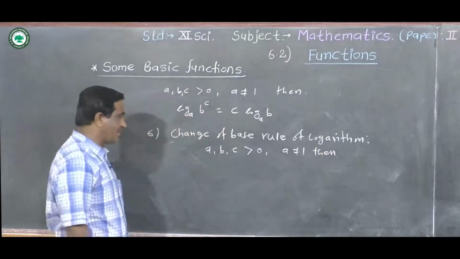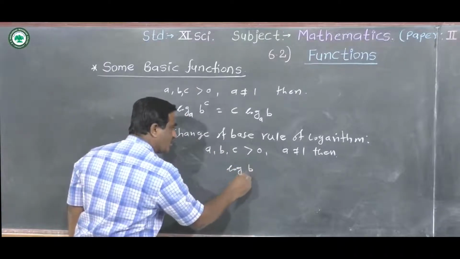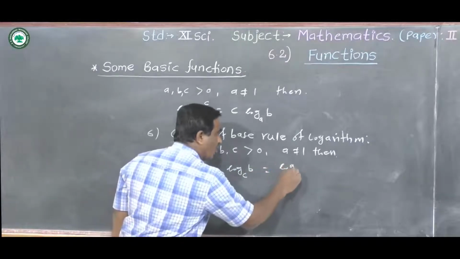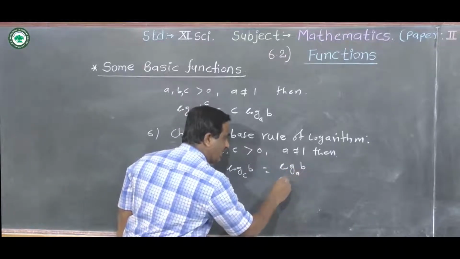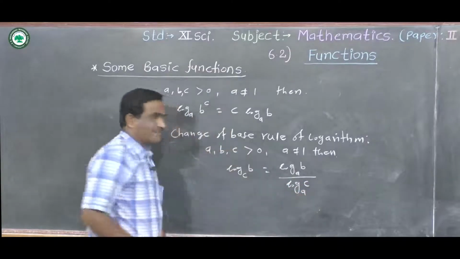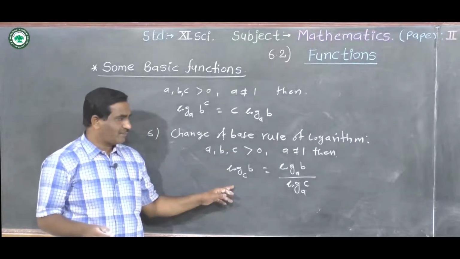Then we can write log of b to the base c is equal to log of b to the base a upon log of c to the base a. This is called the change of base rule for logarithm.